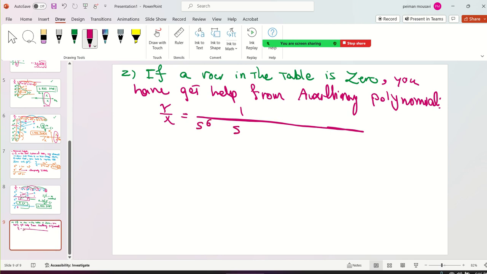S6, S5, fixed order system, S4, S cubed, S squared, S1.